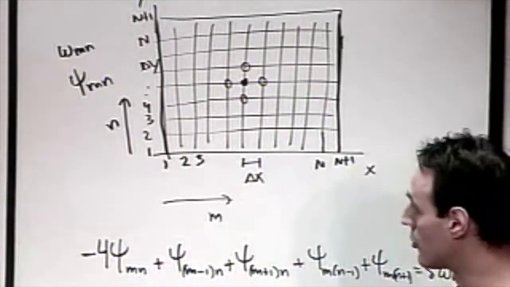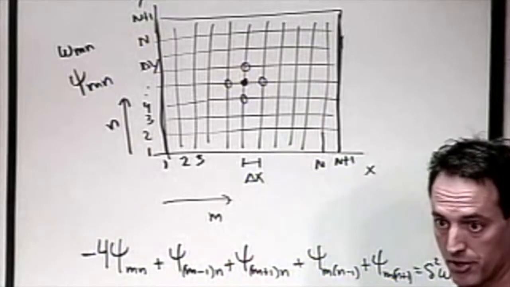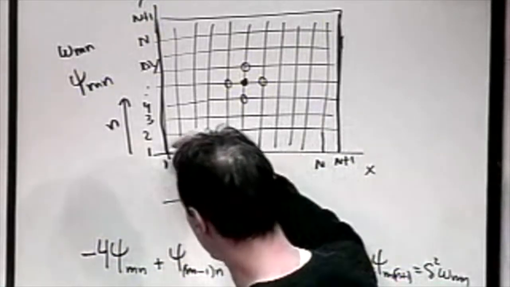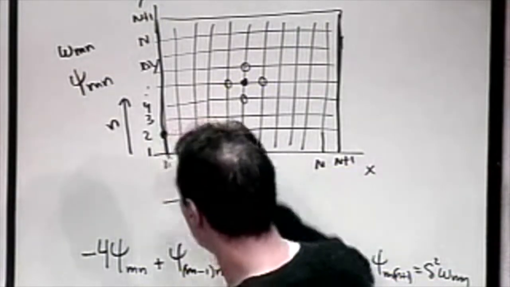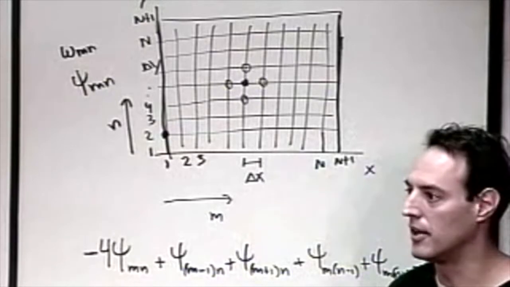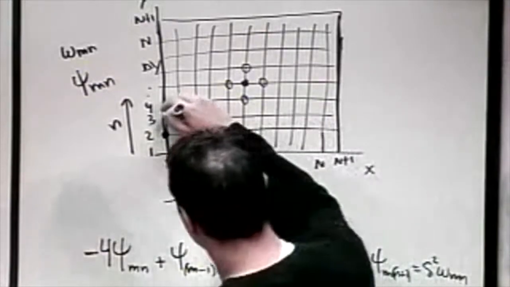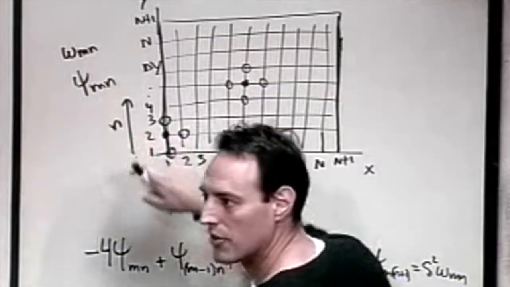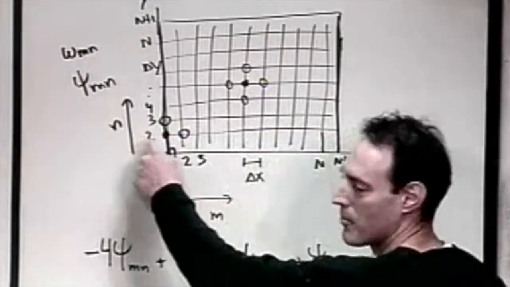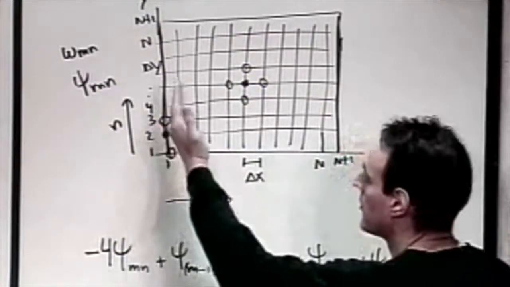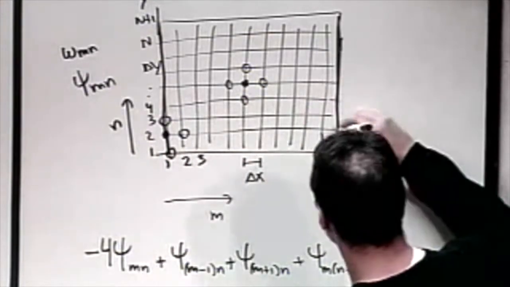Given that, let's ask about a boundary condition. If you're over here at this point and I want to calculate the Laplacian, it relies on the neighboring points: this neighbor, this neighbor, this neighbor, and this neighbor over here. What is this neighbor over here? Since this is the same as this, it's essentially like being here.